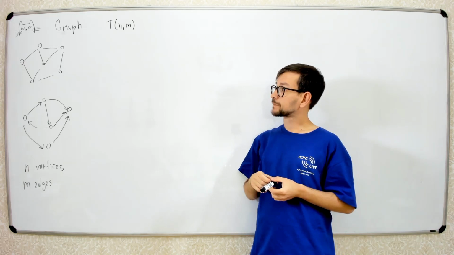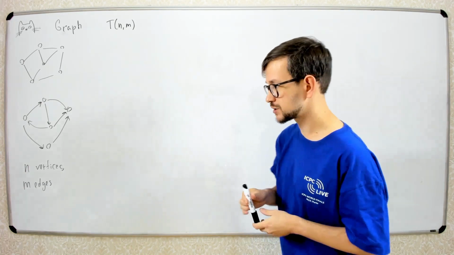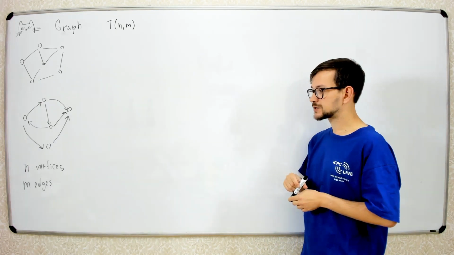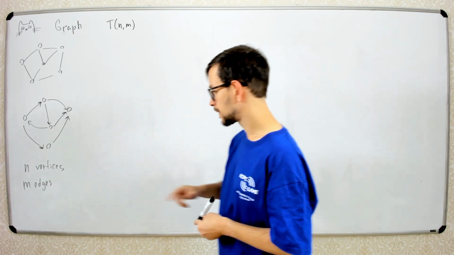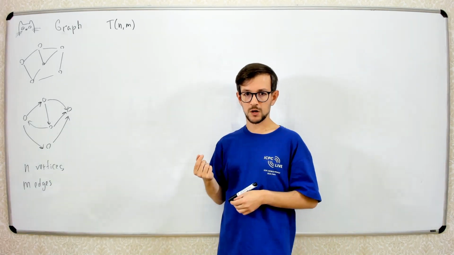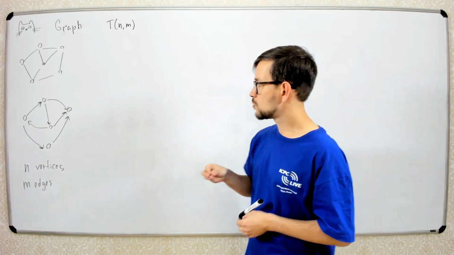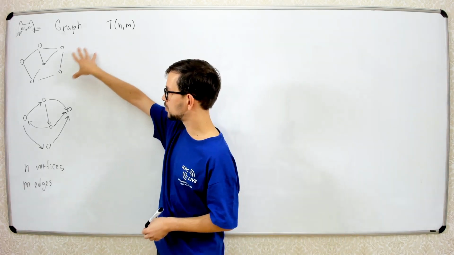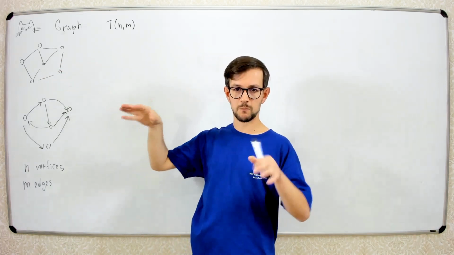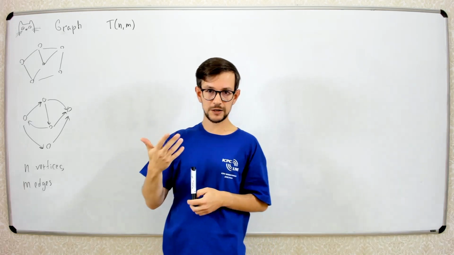I will assume two simple inequalities. First of all, let's look at the number of edges. If the number of edges is very small, then your graph is not connected. So if you want your graph to be connected, so you don't want it to split into several parts like this, then the number of edges should be at least n-1.